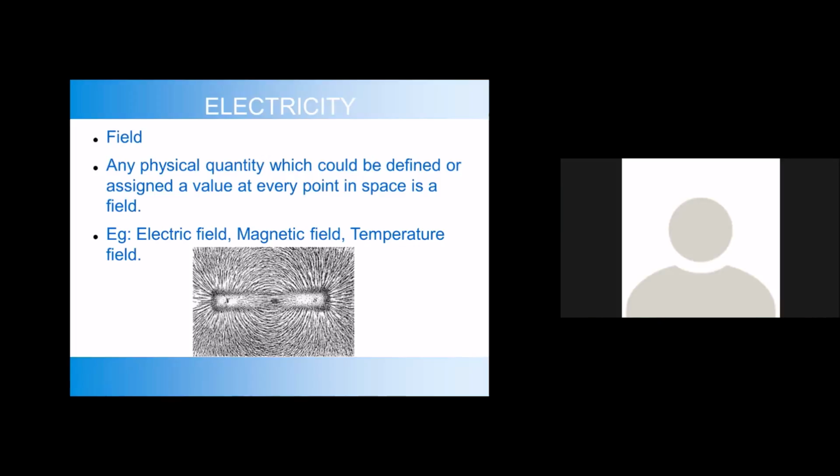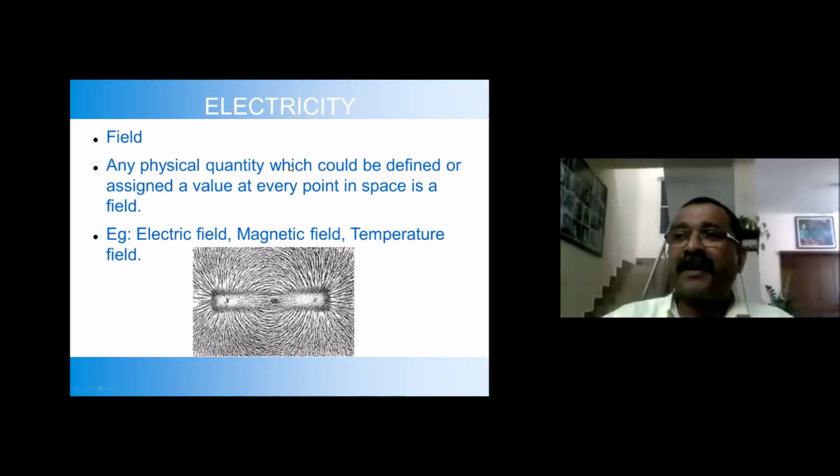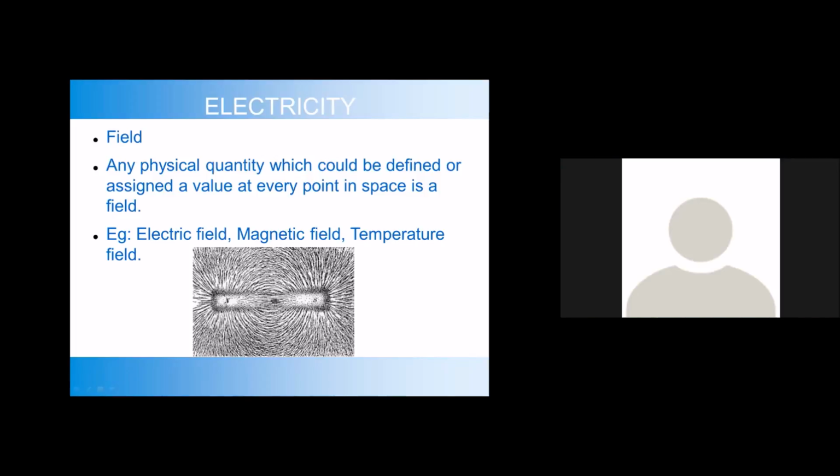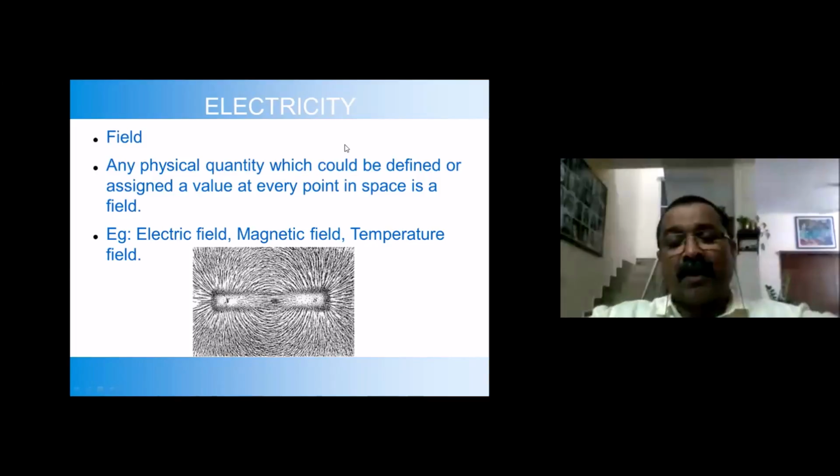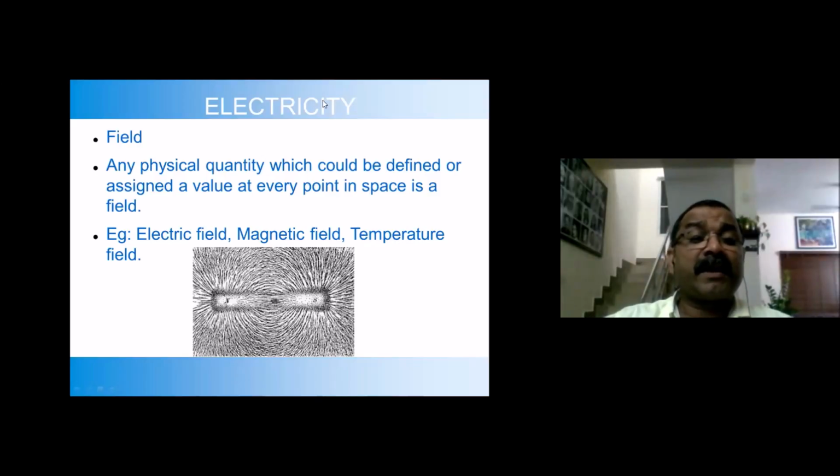Yes. Football field, hockey field. Open place, a little bit open place. That is field. That is the literary meaning of field. So let us see what is the meaning of field in science.